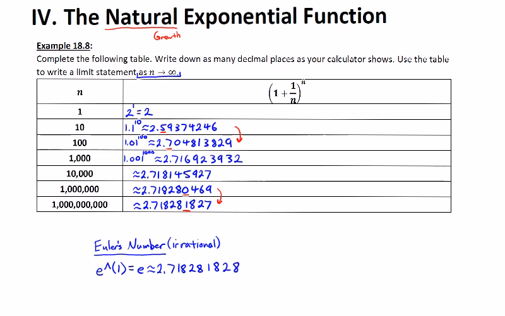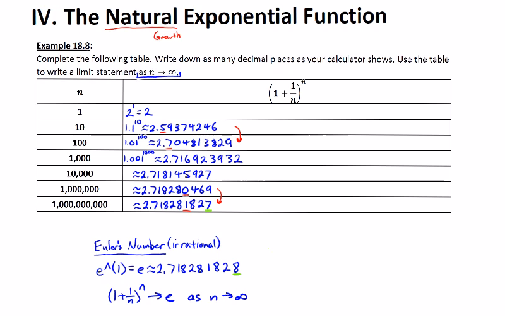As I look at this answer compared to what I had here for the 1 billion input, the only difference is right here on that final digit. So we're getting a really good approximation to Euler's number with this table just by simply going out to 1 billion. So the limit statement that we can say is that the expression (1 + 1/n)^n is approaching Euler's number as n approaches infinity.